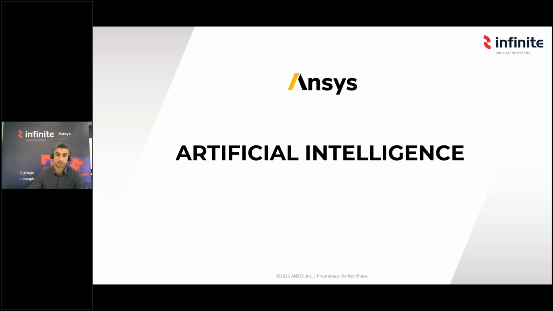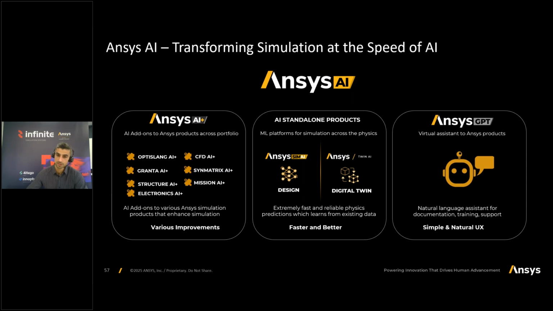Yeah, quite exciting. And moving into that AI offering, we've been receiving quite some questions about this. So maybe this slide is a good one to give you a bit of an overview of what the AI strategy and offering of Ansys is and the vision moving forward. First of all, you have what we call Ansys AI+, which are basically AI capabilities plugged into the existing products.